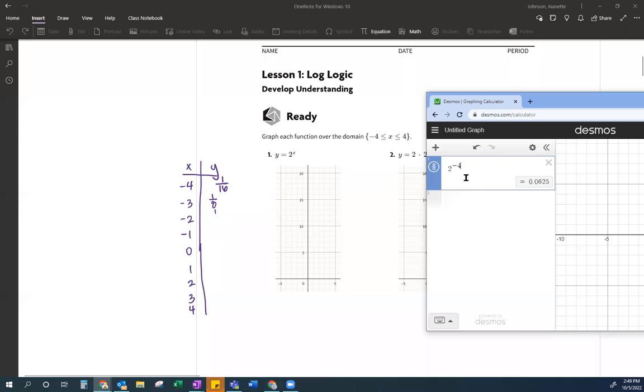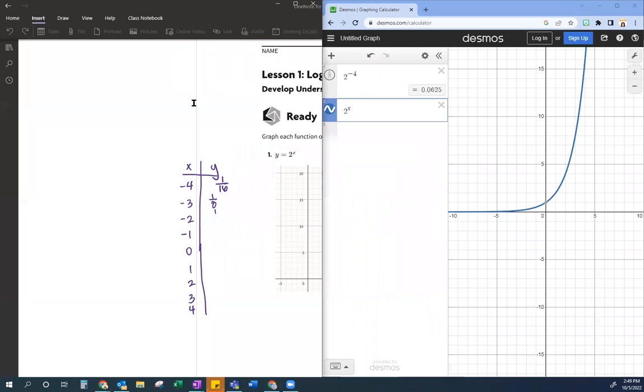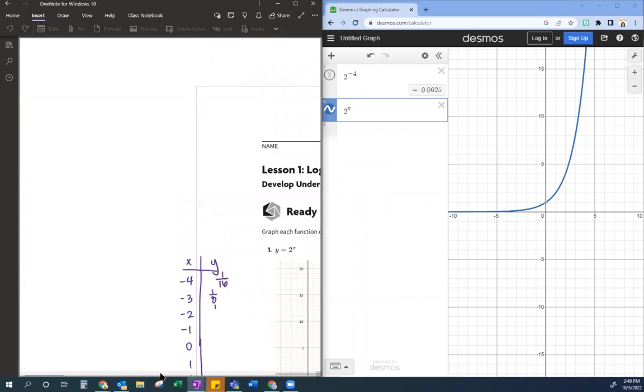So graphing this function, 2 to the x, at this point, I would like you to have this picture in your head: really close here, and then all of a sudden it hits the y-axis, and boom, it grows. That's exactly what this graph does.